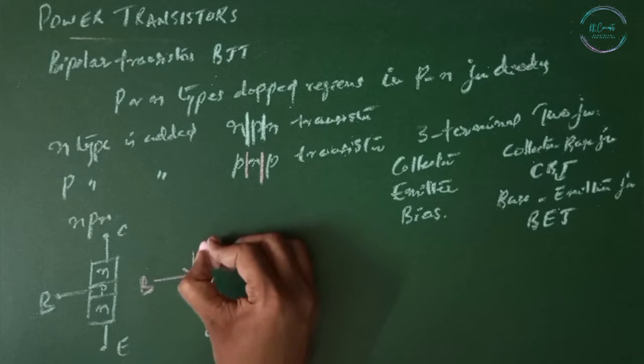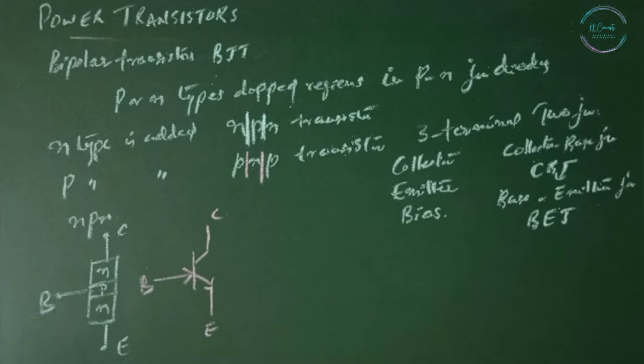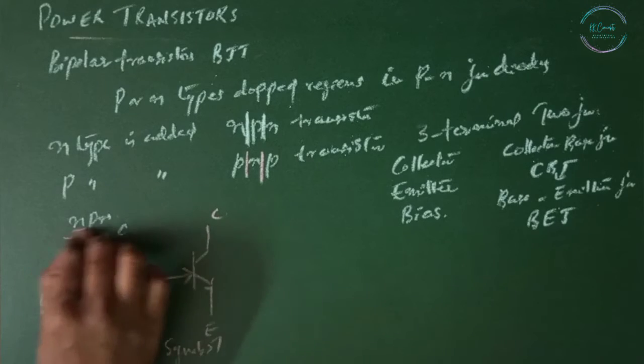The symbol for NPN has emitter, base, collector.